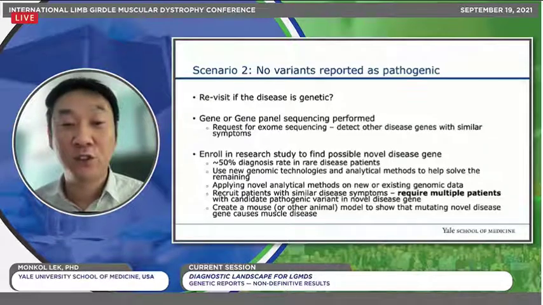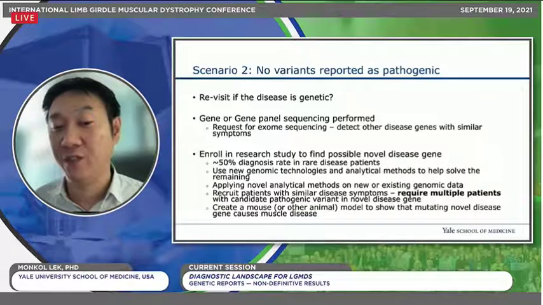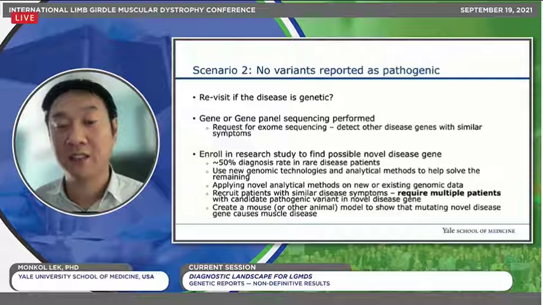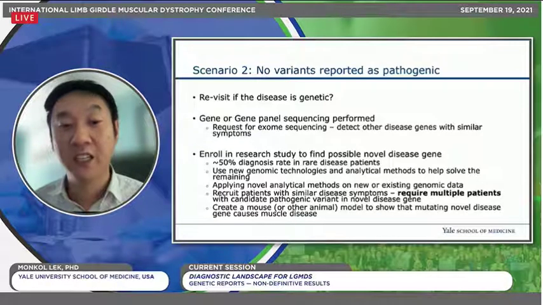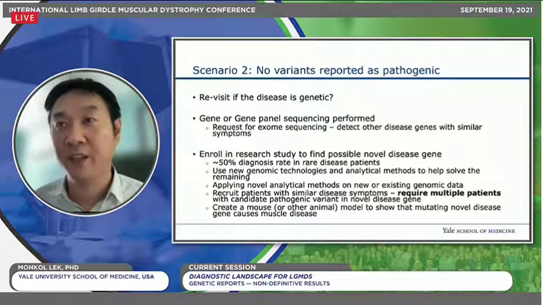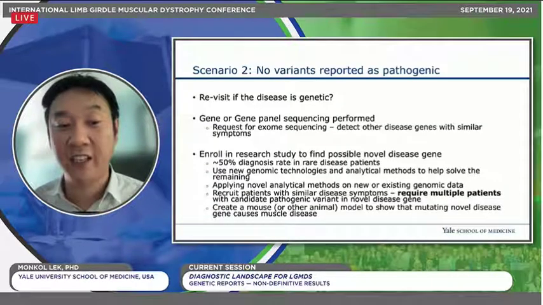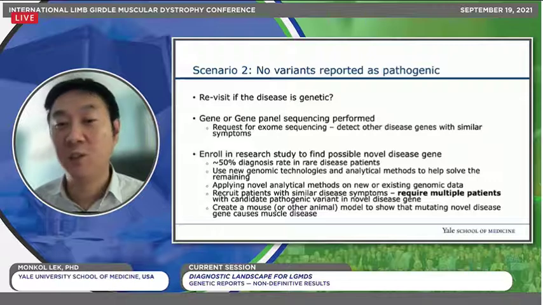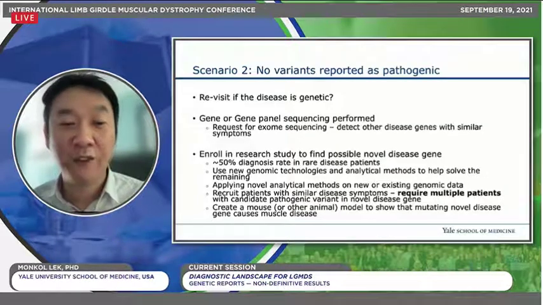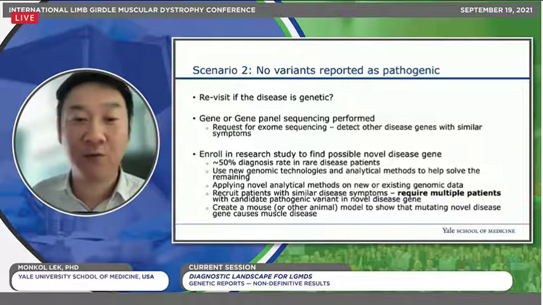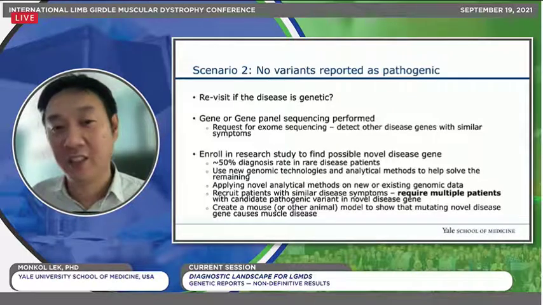And what we do to strengthen that evidence of a discovery of a novel disease gene is we normally create a mouse model, or we create another animal model. So for neuromuscular diseases like limb-girdle muscular dystrophy, zebrafish models are also popular given their reduced cost and speed in generating them, and their similarities in terms of muscle structure. And so having all that, we could conclude a novel disease gene, which eventually will be added to the gene panel. So that's how research goes about in addressing scenario 2.